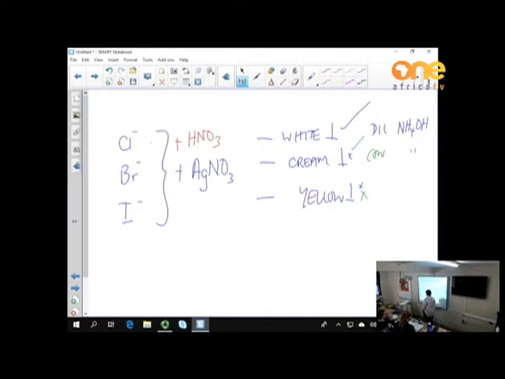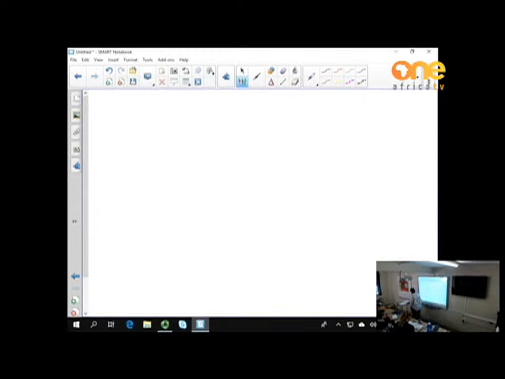Okay. Now, we are still busy with the halogens and the halide ions. The next thing is the reactivity of the group 7 elements. I have said to you, fluorine is the most reactive, iodine the least. Okay. Now, they can undergo displacement reactions.